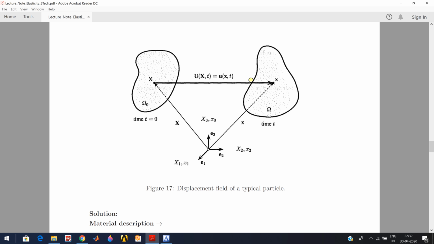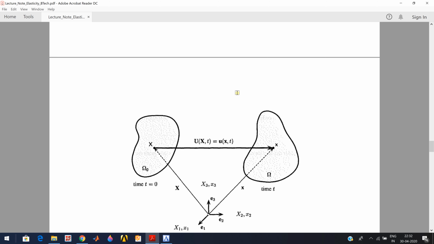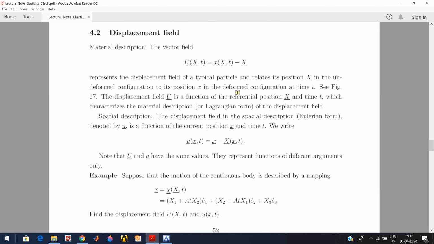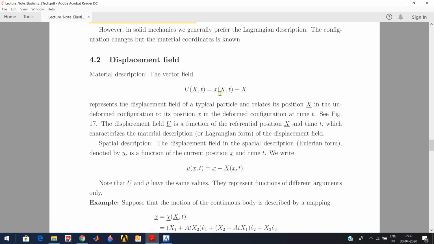This is your displacement, and it is nothing but the final position minus the initial position of that particular point, so small x minus capital X. In the material description, everything is described in terms of the material coordinates, so the new position, small x, is also described in terms of the material coordinates capital X and t.